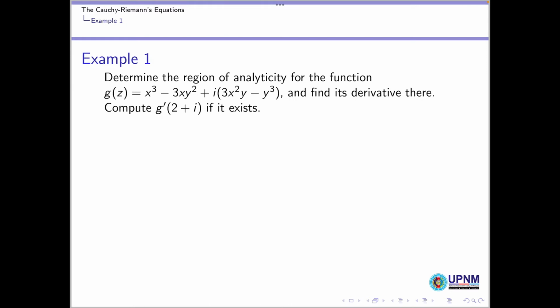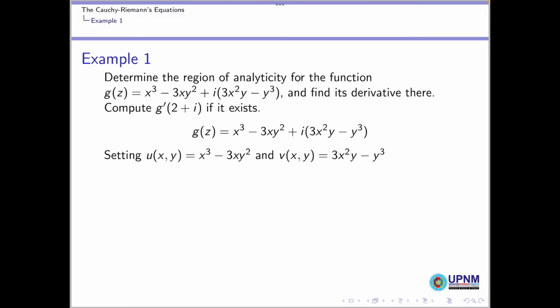Here is the first example, for a function g(z), and we will have to find its derivative and then compute g prime of 2 plus i if it exists. Firstly, we need to extract the function given, g(z), and from that function, we will set u in terms of x and y and also v in terms of x and y.